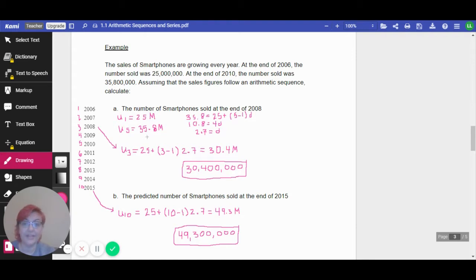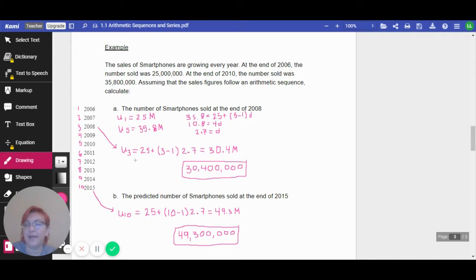I know that when n is 5, u of n is 35.8, plus my first term is 25 plus, this was the fifth term, so it's (5 minus 1) times the common difference. Subtracting 25 from both sides gives me 10.8 equals 4 times the common difference. Dividing by 4 then tells me that the common difference is 2.7 million.